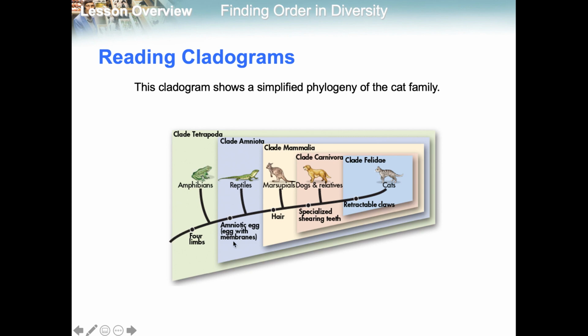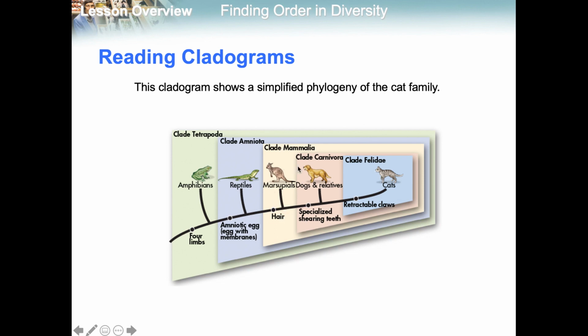Like I said, this 4-limbed derived characteristic has all of them having it. Now, if we move on to the next one, there's the amniotic egg, which is eggs with membranes. The amphibian does not have that, but the reptiles, the marsupials, the dogs, and the cats all do. In the clade Mammalia, everything has hair. The lizard or reptiles don't have hair, the amphibians don't have hair, but the rest of them do.